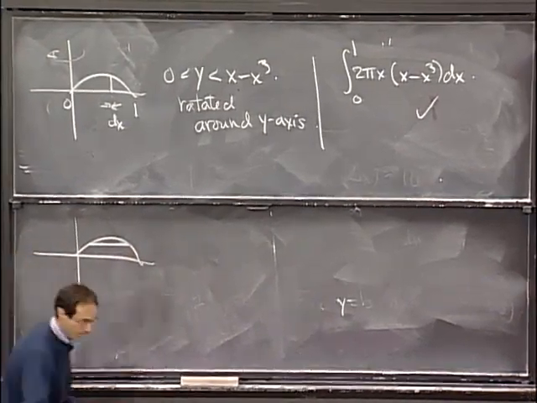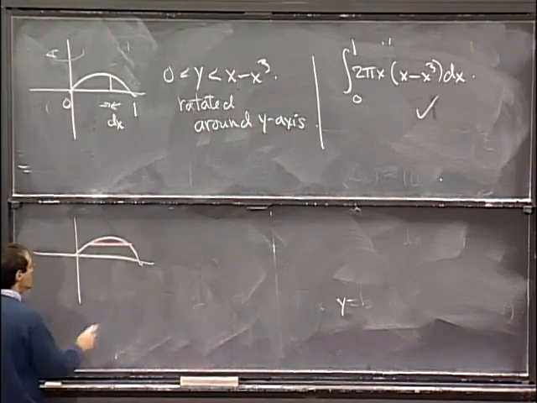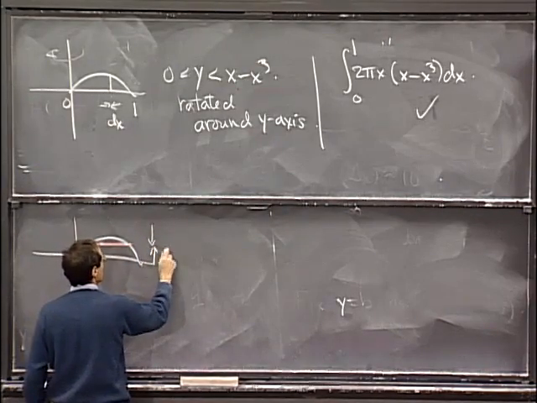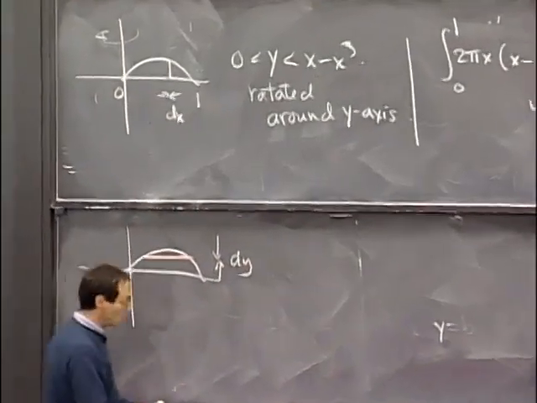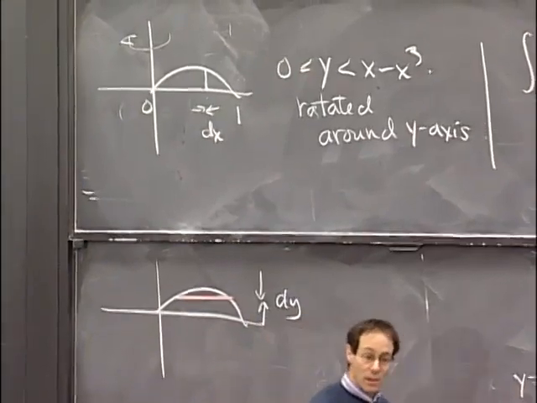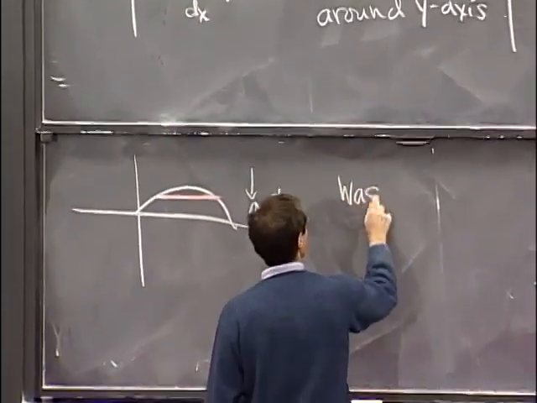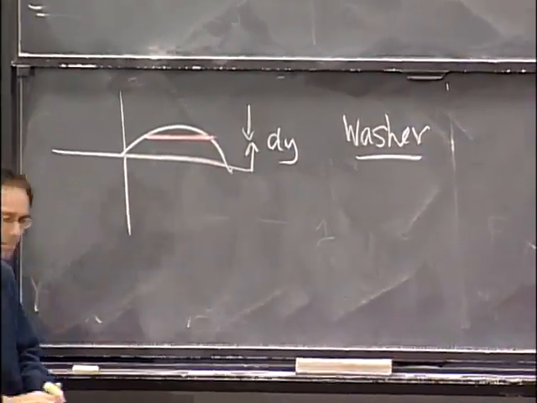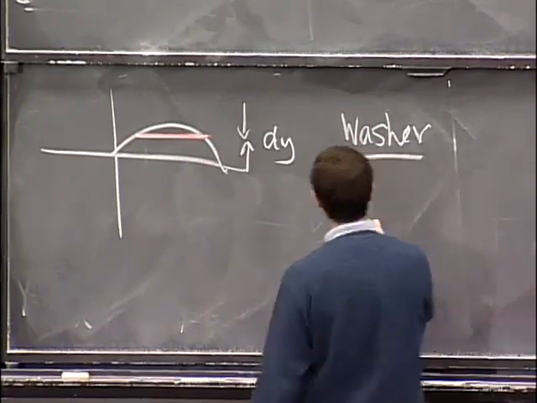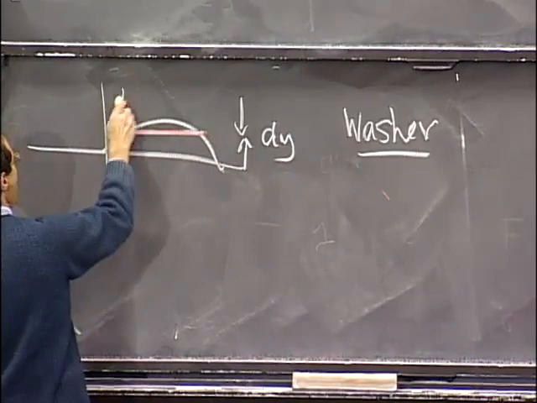All right? Sorry, let's do this. And this would be the dy thickness. And then when you sweep this around, you get what we call a washer, which is really just the difference of two disks. So the shape here is this thing swung around this axis.